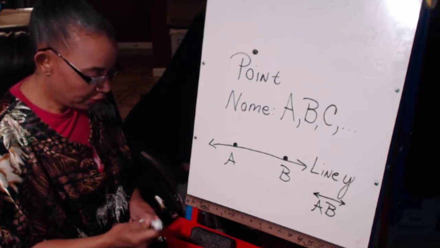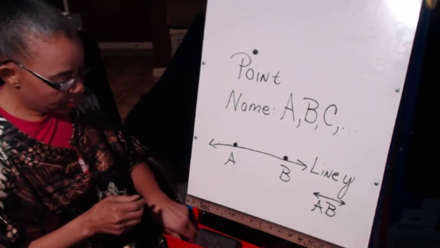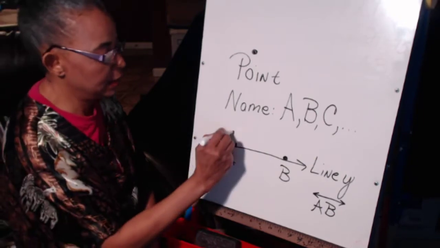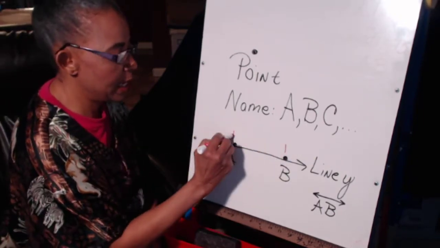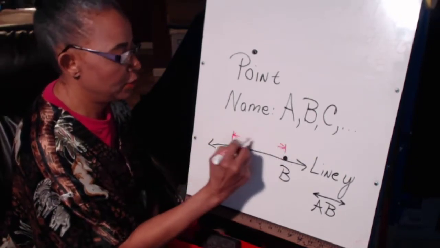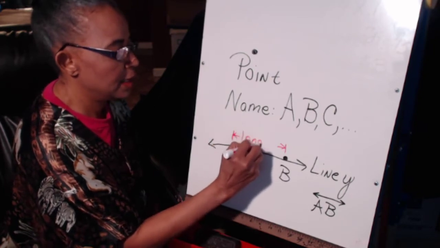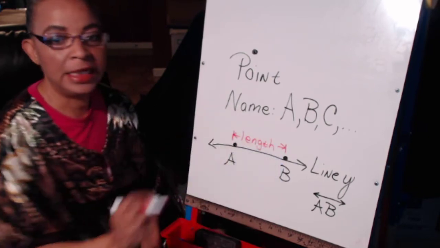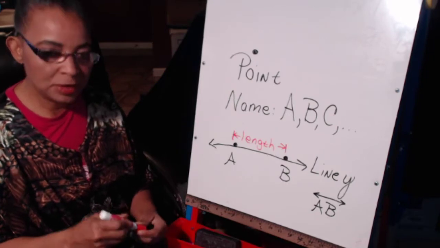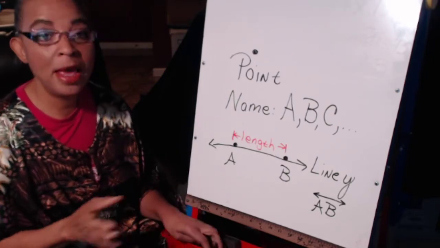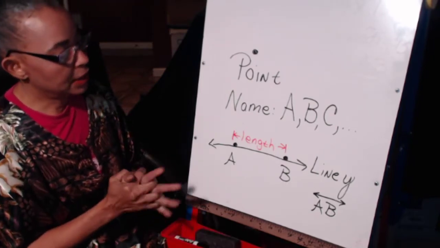And what do we get from a line? We find the distance between A and B, so that gives us length. And that's what we're looking for, and that's what will help us be successful.